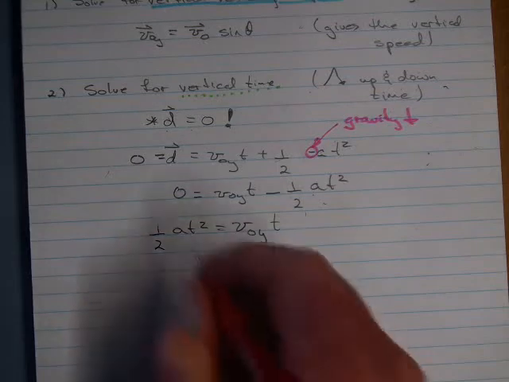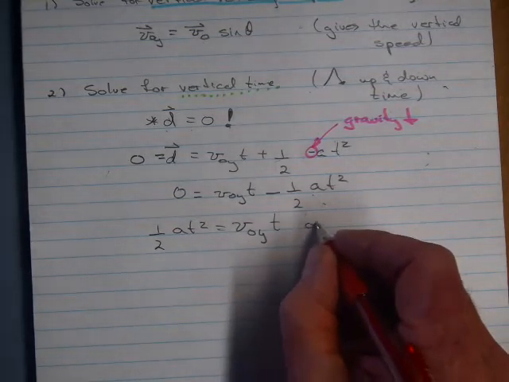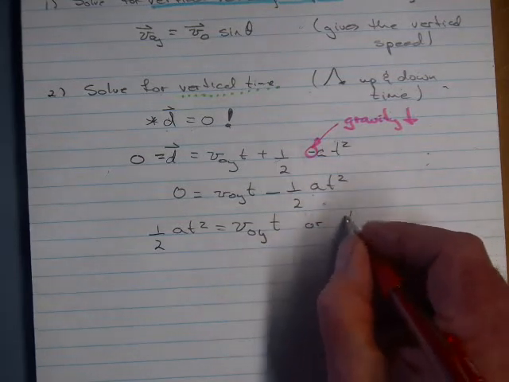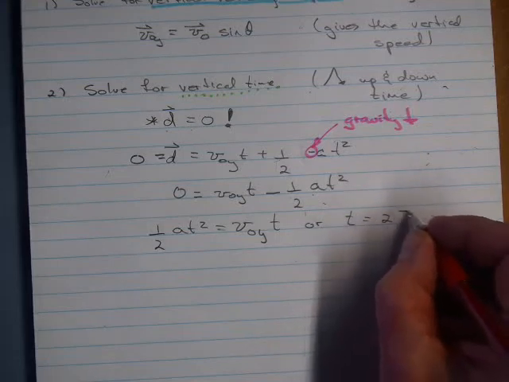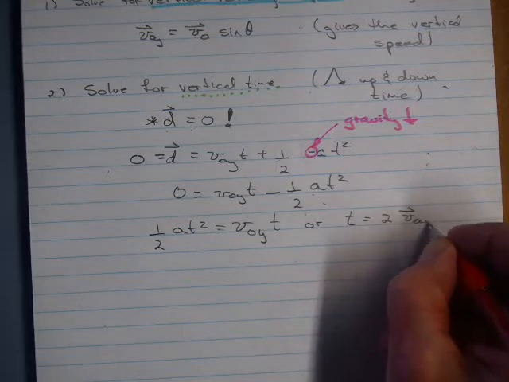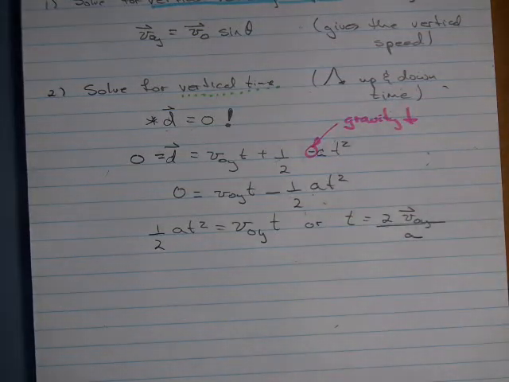Now I could further change this up by saying t is equal to twice the initial velocity in the y direction divided by acceleration. Can we use that equation for everything? Well, when we're using it in this application, yeah. I can't say it's a general one.